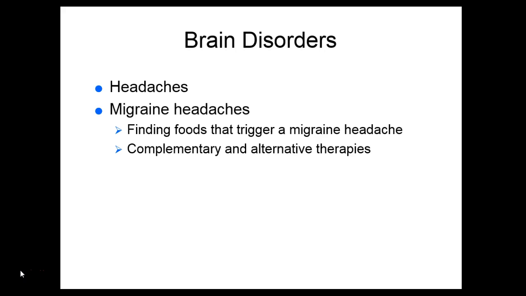Migraine headaches affect mostly women. It's believed that a constriction and subsequent dilation of the cerebral arteries causes a migraine headache. Attacks usually occur irregularly and may begin with an aura, such as a visual disturbance or spots before their eyes.